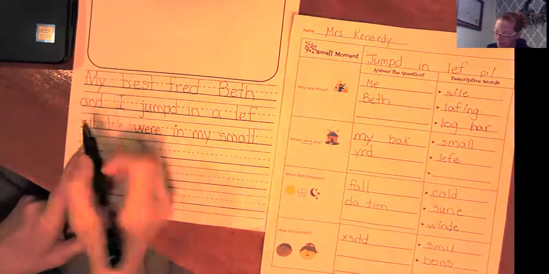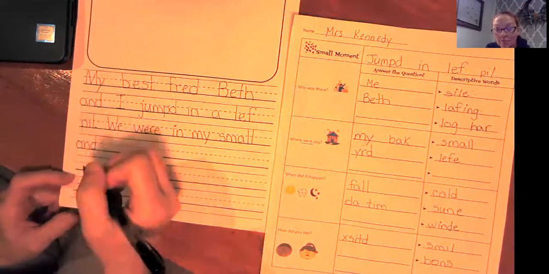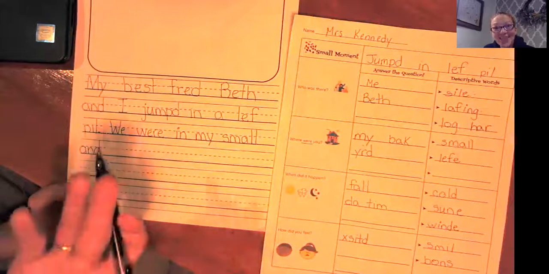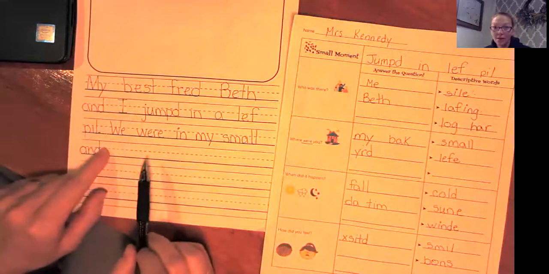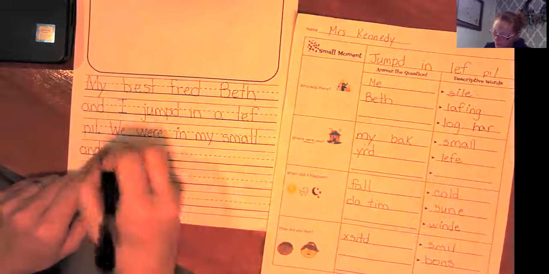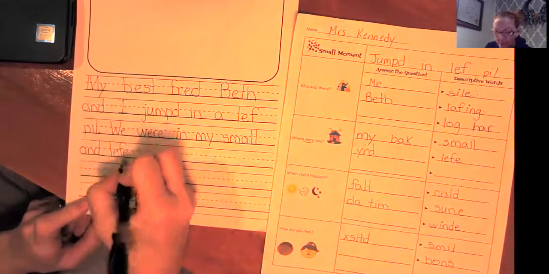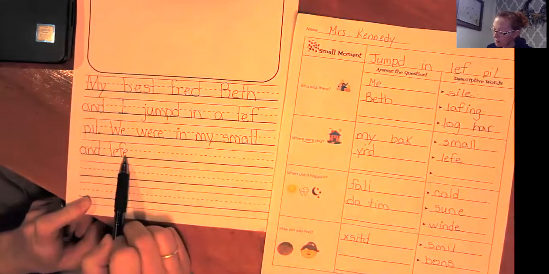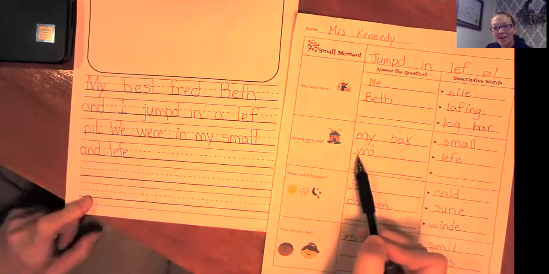It's also right here. And if I already wrote it once, I can use that and write it again the same way. So my brain already did the work. We were in my small and leafy. Nice job right there. Do you see it? Leafy. We were in my small and leafy backyard. I already did that work.